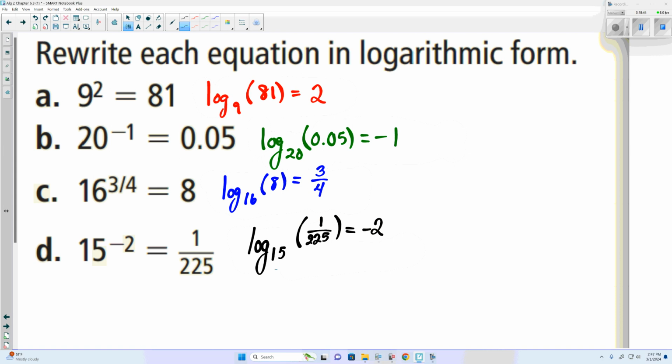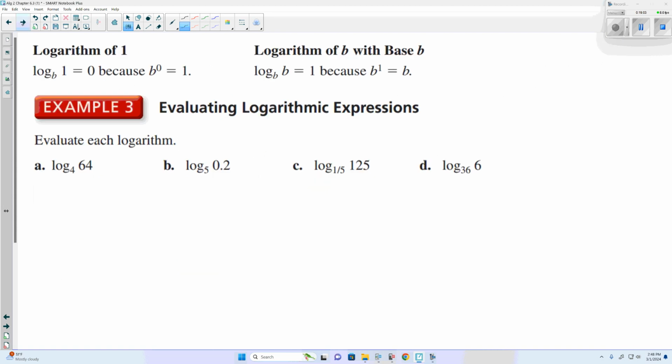Questions on any of these here, going from logarithmic to exponential or exponential to logarithmic? We feel comfortable with these here. And we will go back over these again once we get some more of the properties of logs and how we can use and manipulate them and see that these hold true still, and we don't have to do this flipping method. Not so much common, but we will be evaluating using common logs at a certain point.